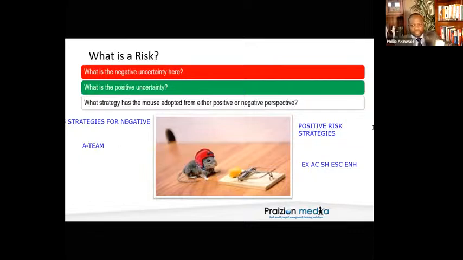Okay? Very good. Let me give you a few positive risk questions. Phil identifies a risk that could bring huge profits to the firm. He decides to implement a strategy that eliminates the possibility of that positive risk not happening.